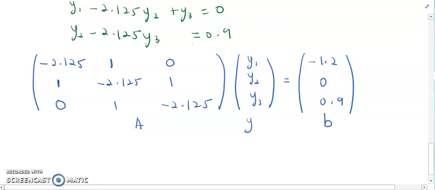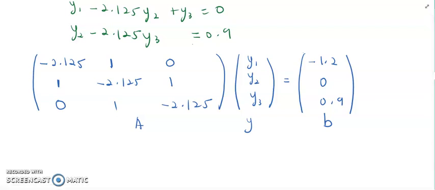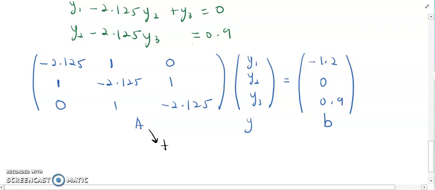If you look at this matrix A, it is a tridiagonal matrix. So to solve this system and find the Y values, we can use the Thomas algorithm.